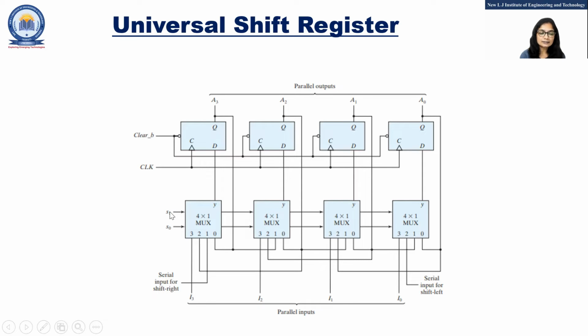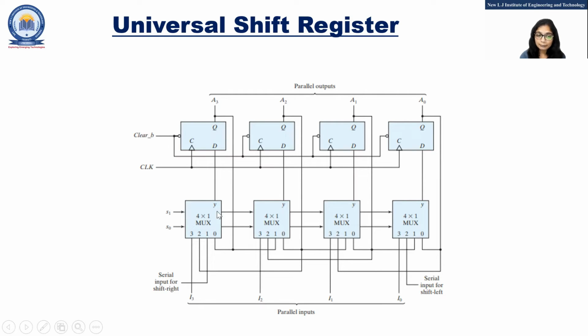Suppose these signals are 0, 0, then this first line, input line data will be passed to the output line, and this output will be given to the D flip-flop. Now, next, suppose I am applying the data here in the second line.